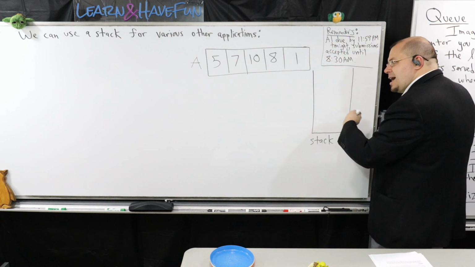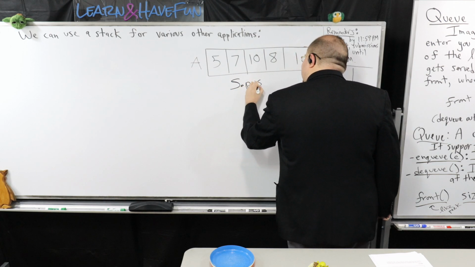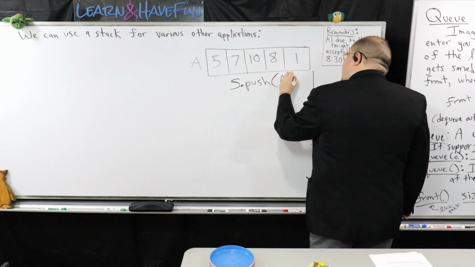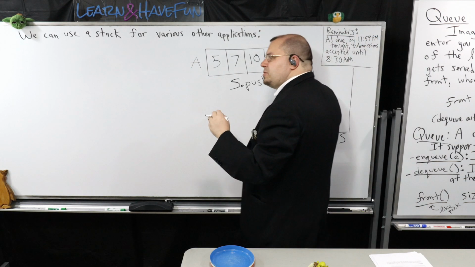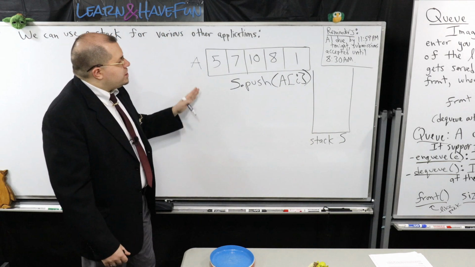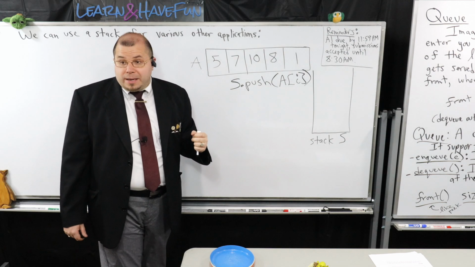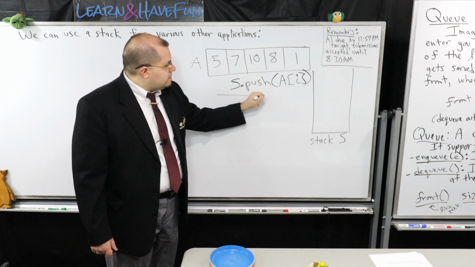If my stack is called S, I call s.push and give it each one of the elements, suppose inside a for loop. I could push each one of the elements in my array onto the stack, and we'll do it from left to right.